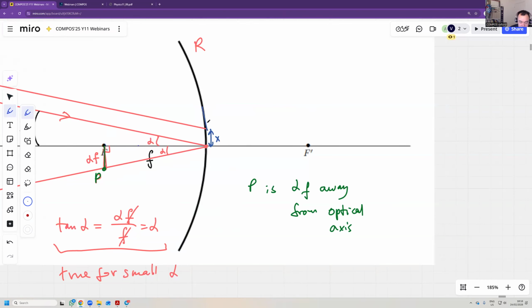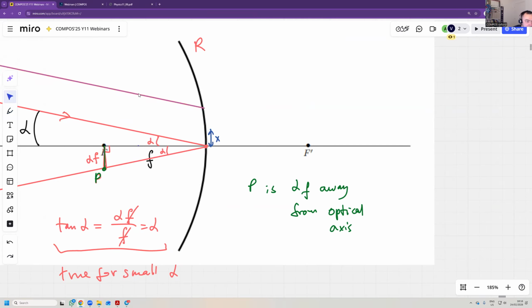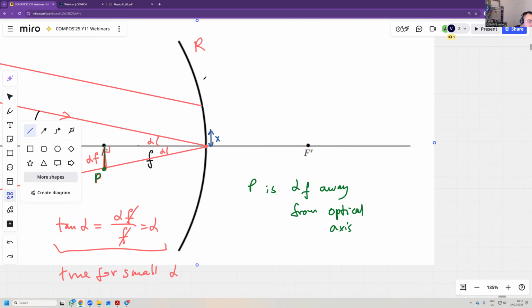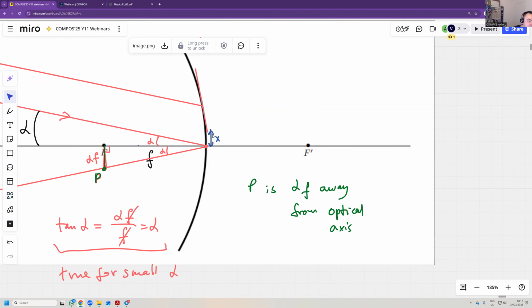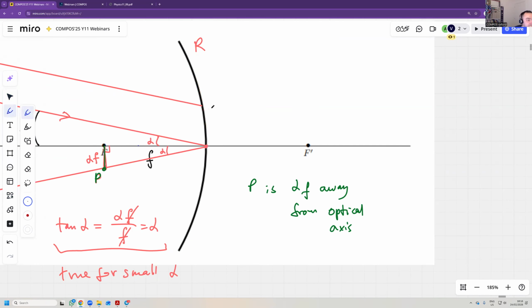So the mirror, maybe I can make it more pronounced, like this. And the mirror is like this. That's the tangent. And this is x. This is x. And if we have a tangent here, let's say that this angle is beta to the vertical.